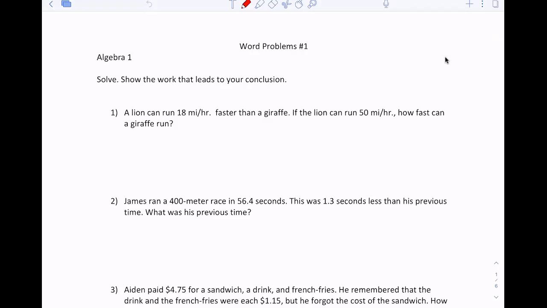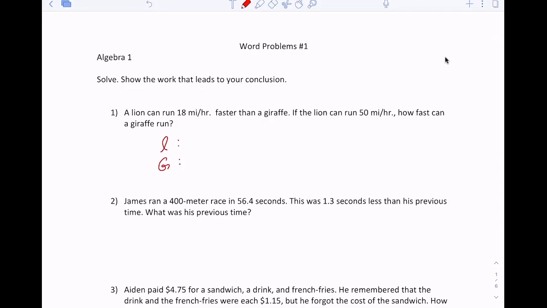It says a lion can run 18 miles per hour faster than a giraffe. So now what I want everybody to do, please do this. There's a relationship between the lion and the giraffe. So I want to put L, and G for giraffe. Now here, please, I know you know what the answer is.